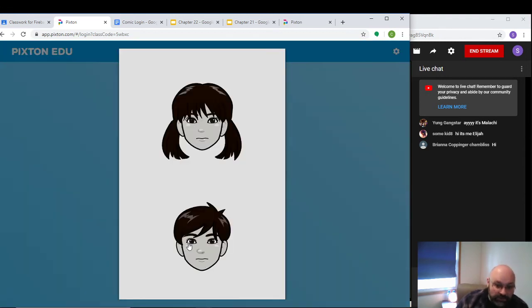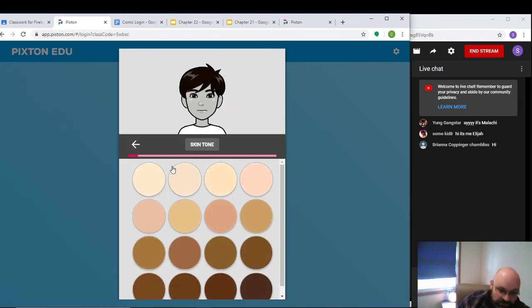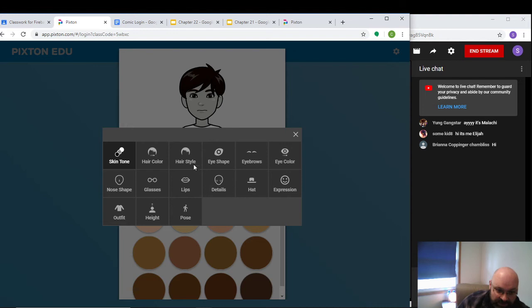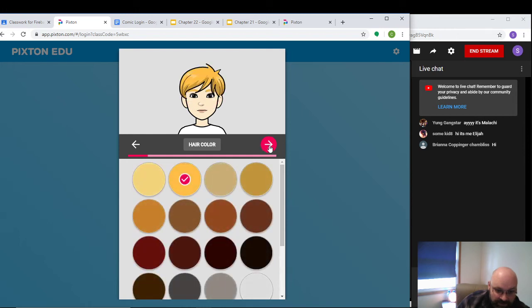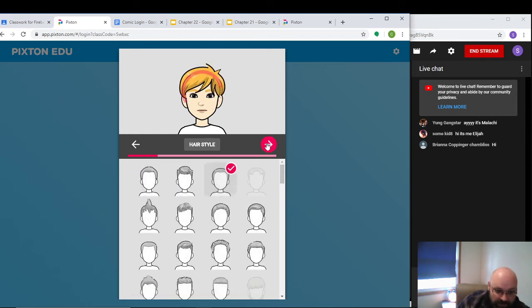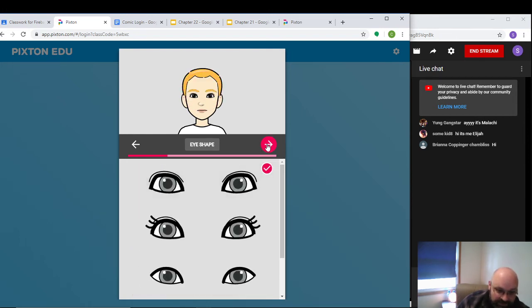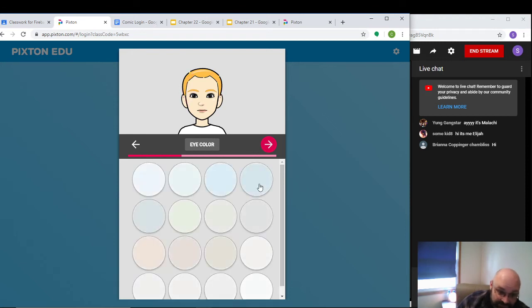So when you log in, it will have you make your avatar. And this is just you, so you're the only person who's going to actually see this. You can just go through this whole thing real quick. It doesn't really matter which you click here. Just make it look like yourself, or make it look like someone completely different. That's up to you.